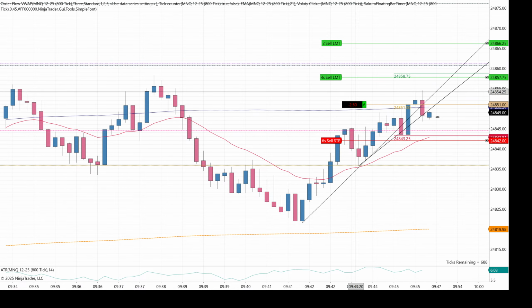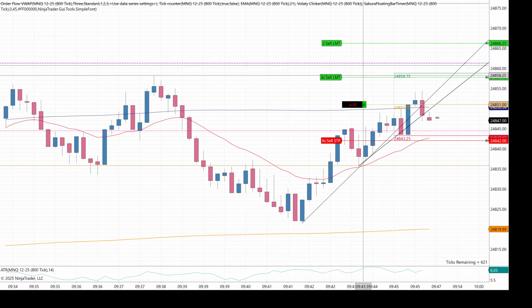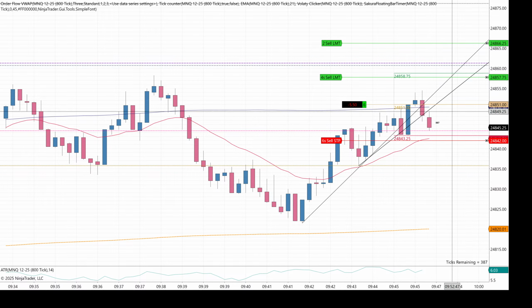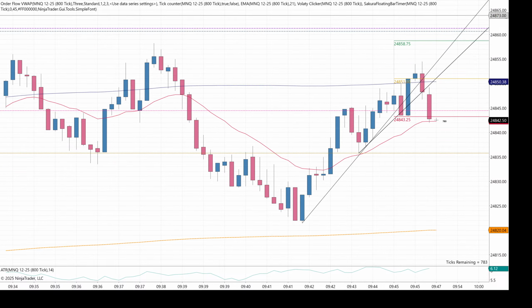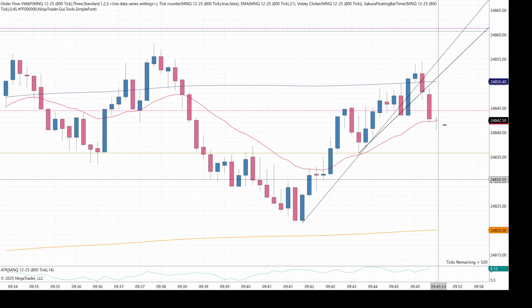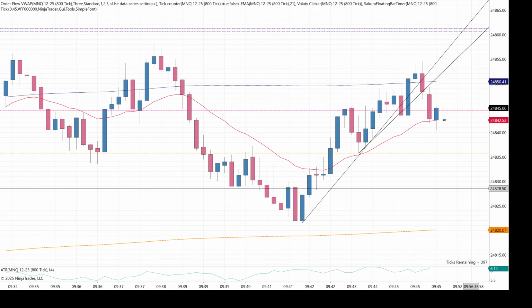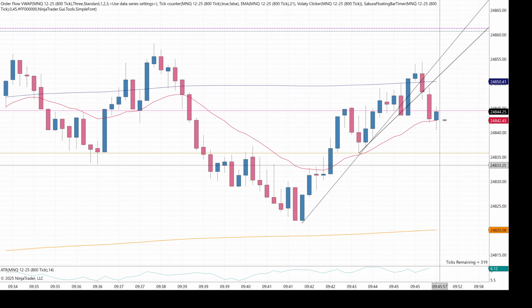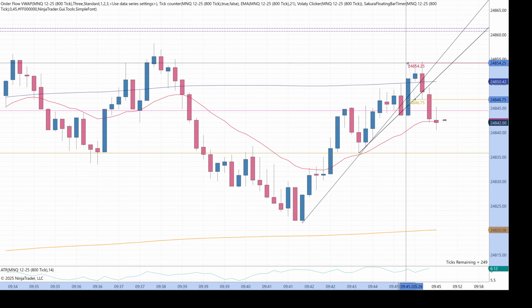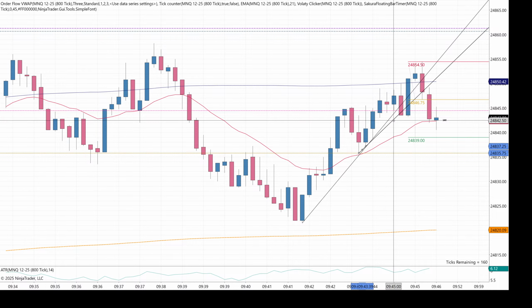Don't like that we're retreating here. All right, that was a stop. That was also a trigger going to the downside.